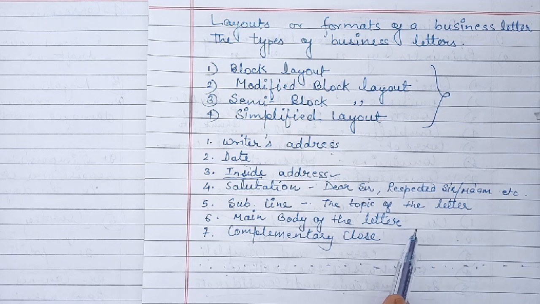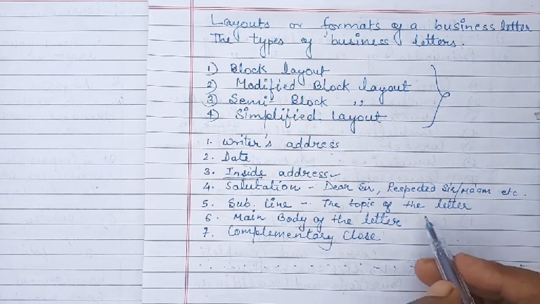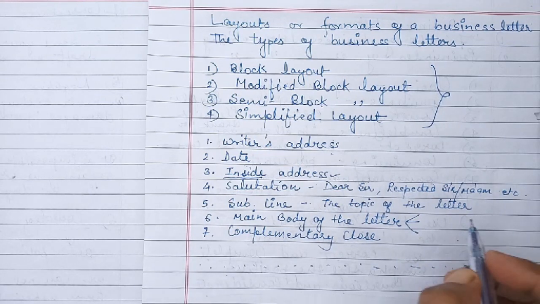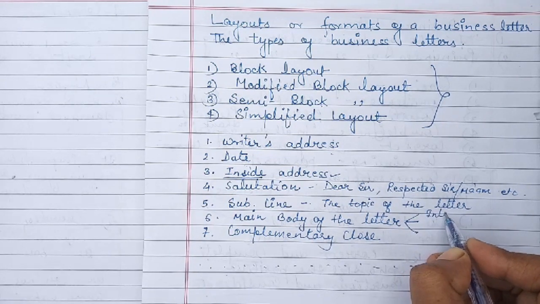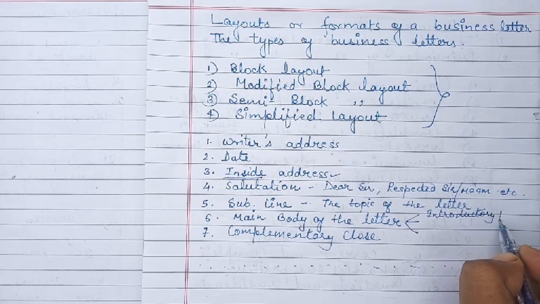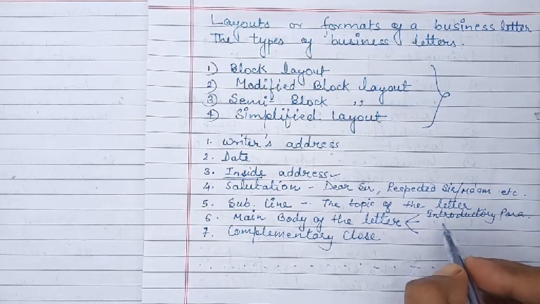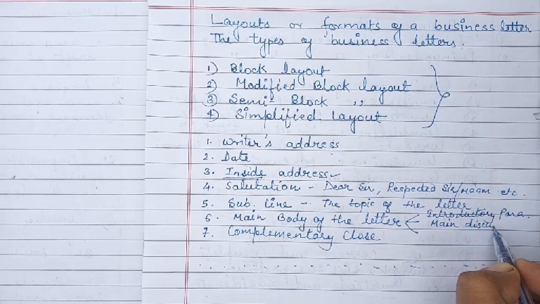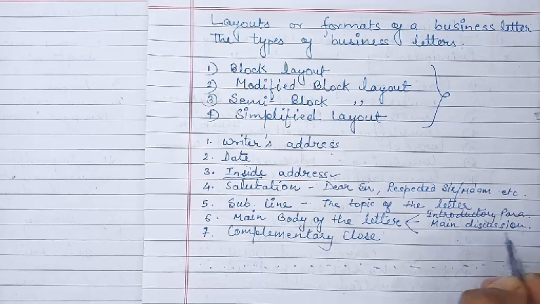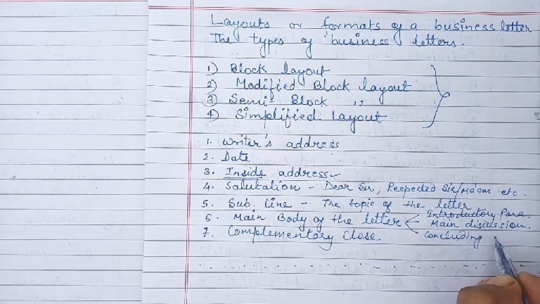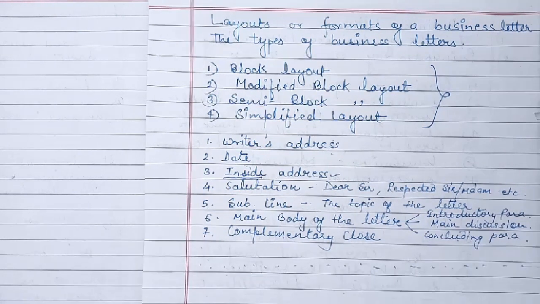So generally it is considered that a letter is divided into 3 parts, 3 paras generally, minimum. Introductory para, main discussion, concluding para. Complimentary clause.